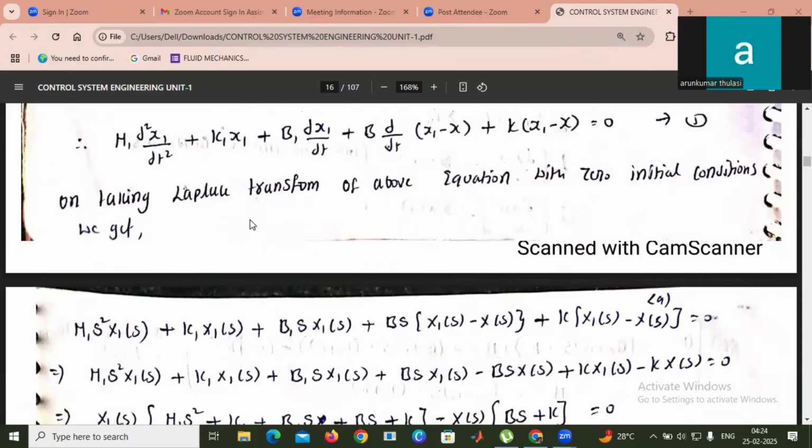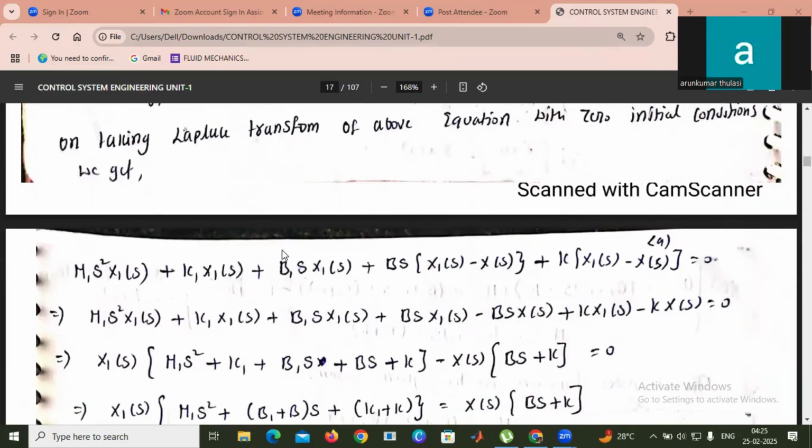The constant term gives k1 X1(s), and the first order differential equation gives b1 s X1(s). Next, here also first order, b s into (X1(s) minus X(s)) plus k into (X1(s) minus X(s)). So here we got the equation after applying the Laplace transform to the differential equation in the time domain.